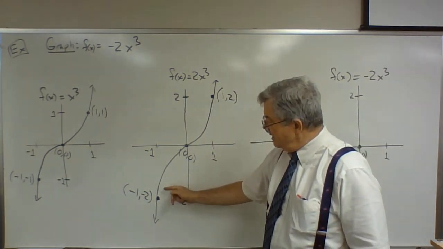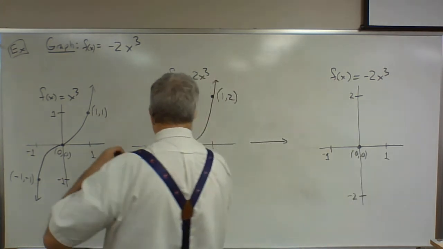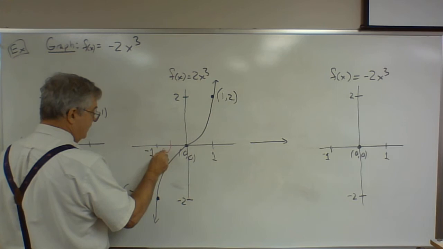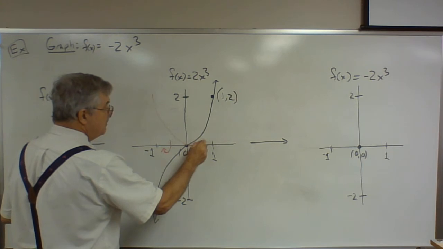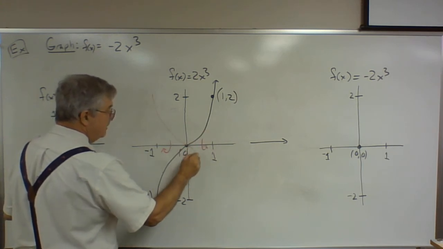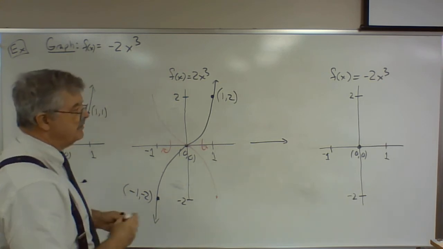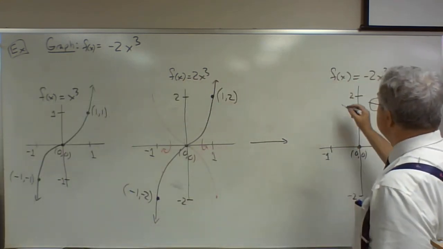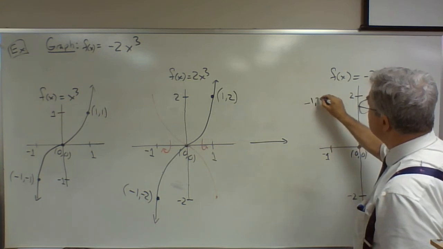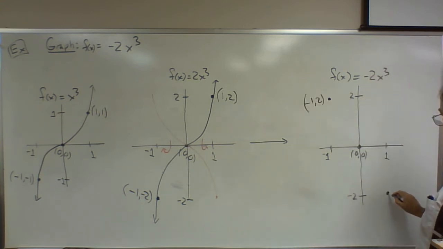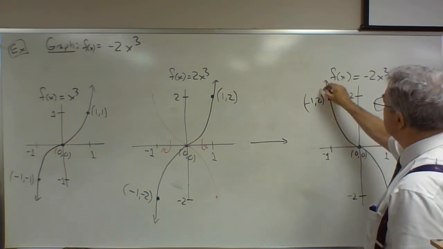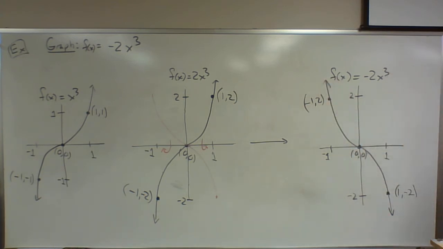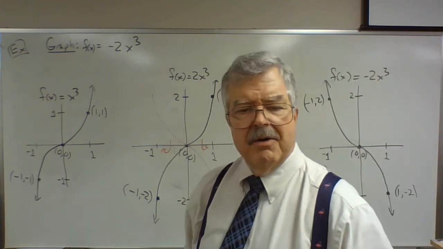So this part is going to be revolved about the axis, and this part's going to come up here like that. This part is going to come down here like that. And this is what our graph looks like. That wasn't hard at all.